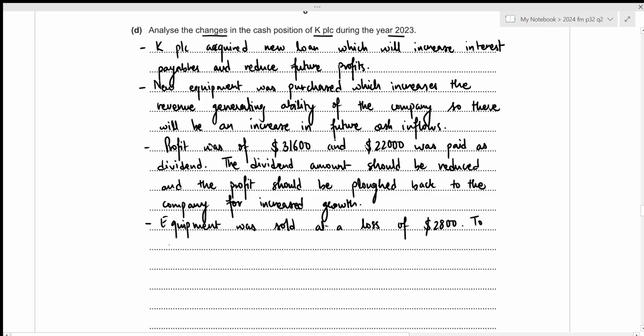To avoid this, the company could have kept using the equipment to generate revenue.